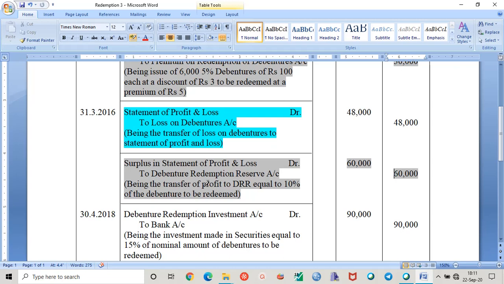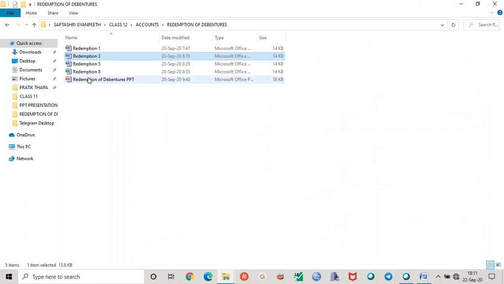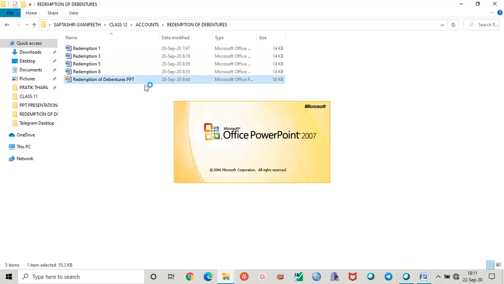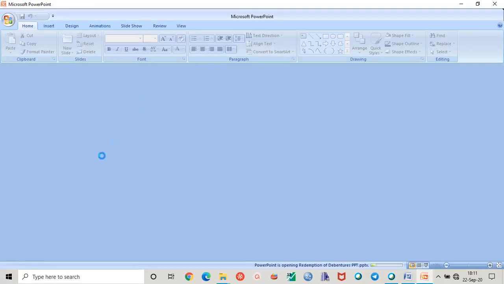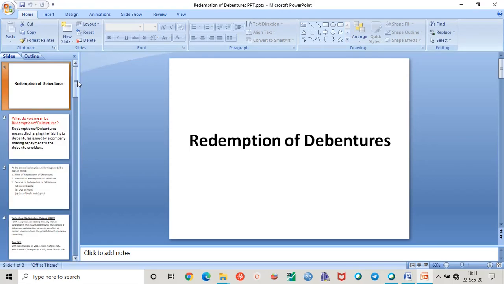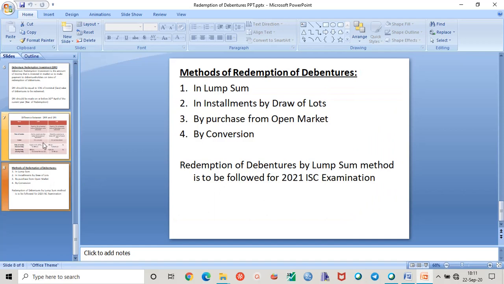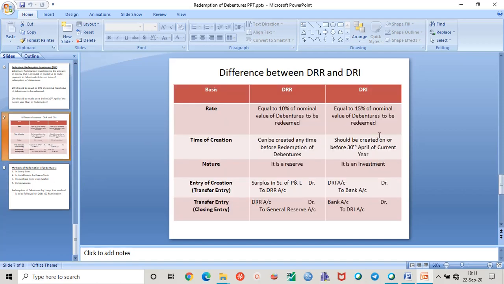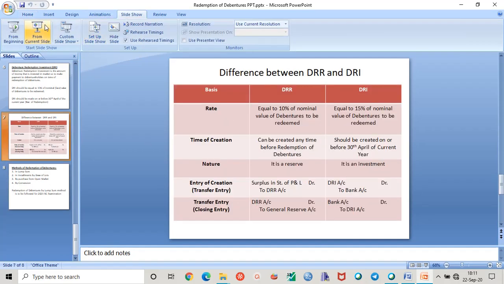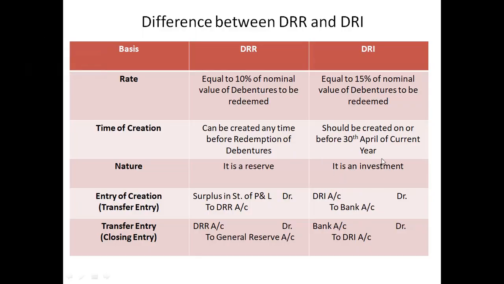Now, as you can see here, on 31st March 2019, debentures are to be redeemed. But we already know from this PPT that this DRI should be created on or before 30th April of the current year.